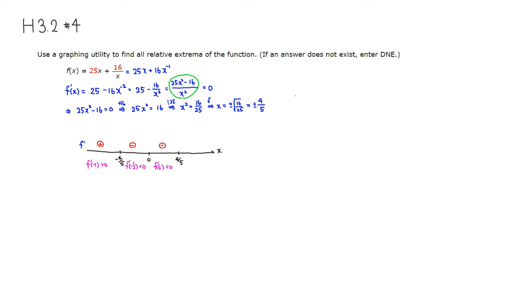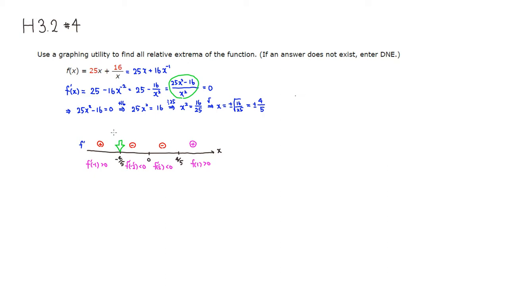Then the last interval, we can try positive 1. If you plug in 1, that's going to be positive, so you have a positive sign. Then we can look at these critical numbers.